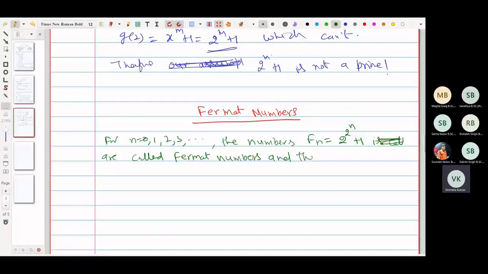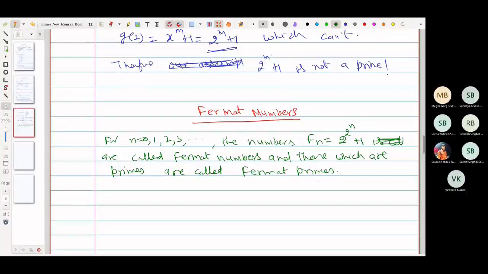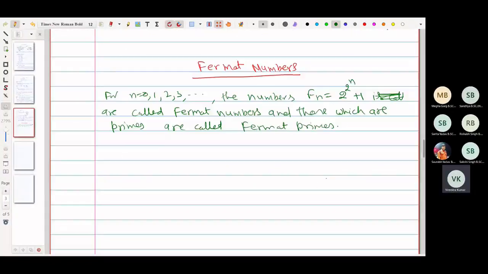And those which are primes are called Fermat primes. It means to say that not all Fn are going to be prime numbers.